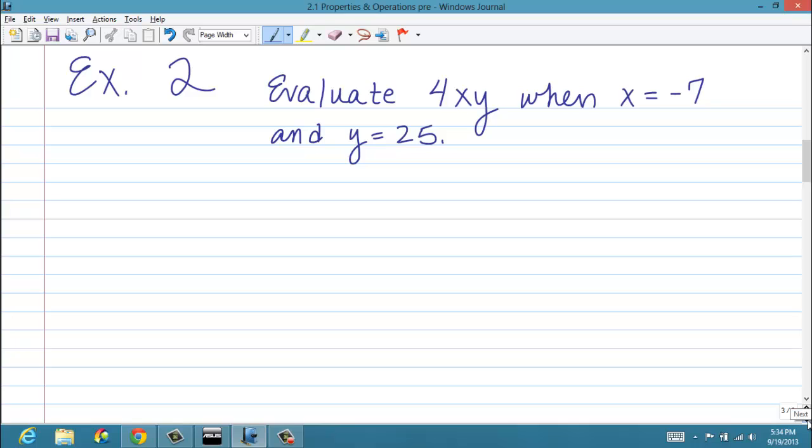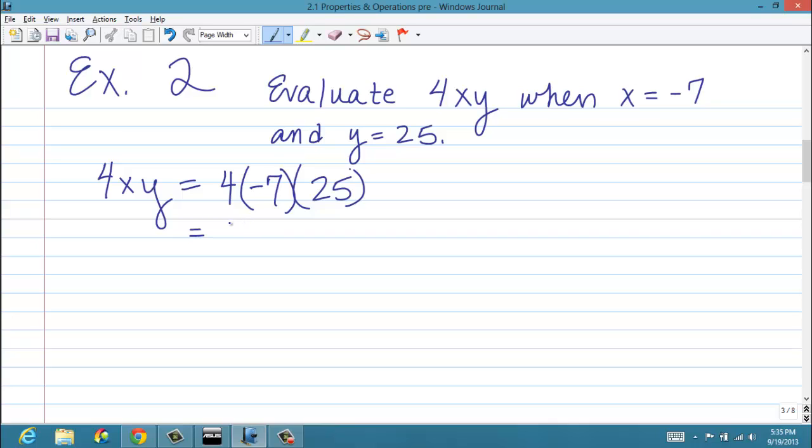Let's look at another example. We want to evaluate 4xy when x equals -7 and y equals 25. And I'm going to explain each step as I work it through. So 4xy becomes 4 times -7 times 25. We use order of operations, and there's only one operation here, multiplication, so everything's getting multiplied times one another.